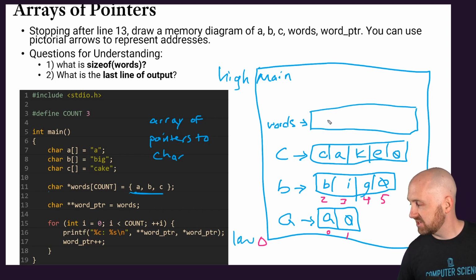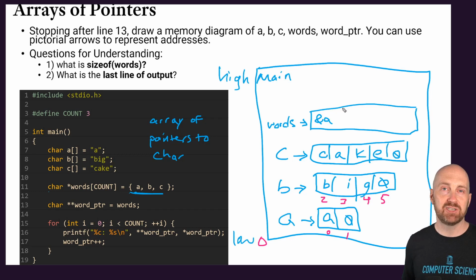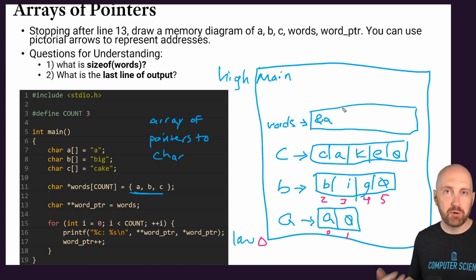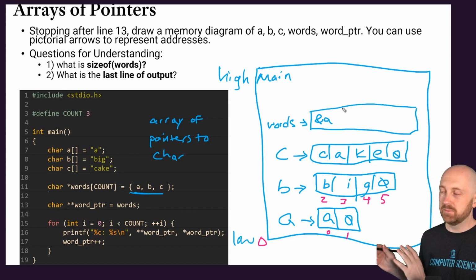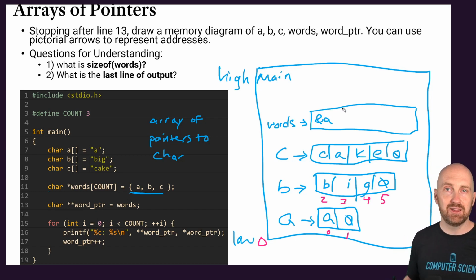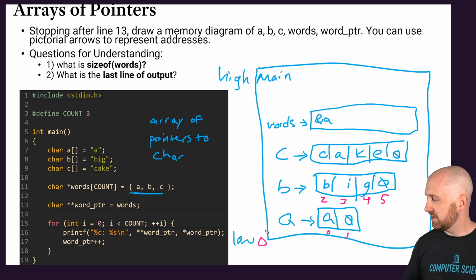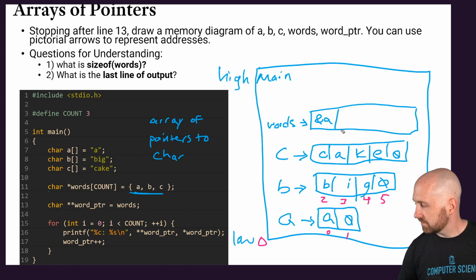I'm just going to wave my hands and use the symbol ampersand for address of A. If you use the address of operator with an array name, it's redundant, right? Because an array name already refers to the address of its first index. So this is a little bit nonsensical, but just to drive home the idea that we're talking about the address of A, and we'll draw an arrow here instead in just a moment. I'm going to drop that in.